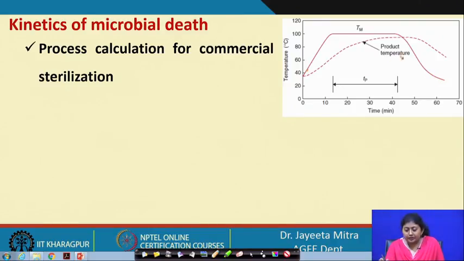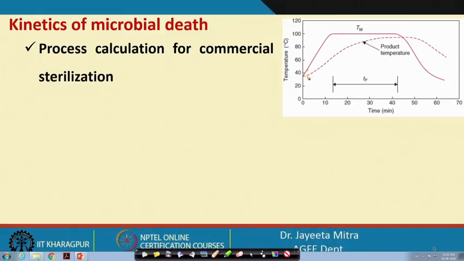However, the actual product temperature may deviate from that, basically the center temperature, which is the slowest heating point. For example, if we are dealing with a can, then the center axis of that can may achieve the heat very slowly.